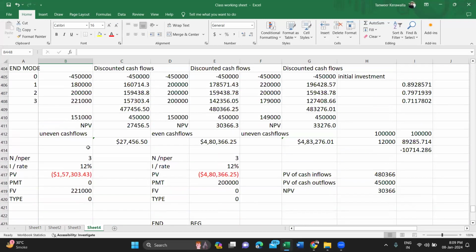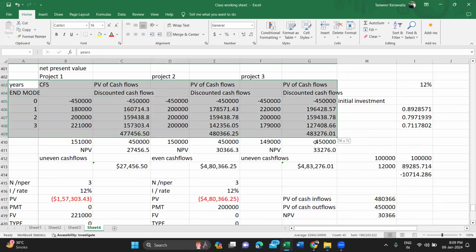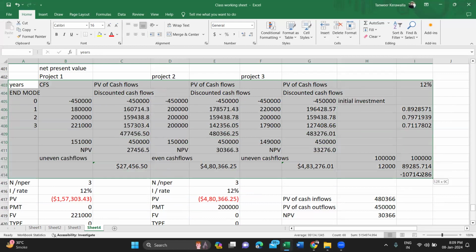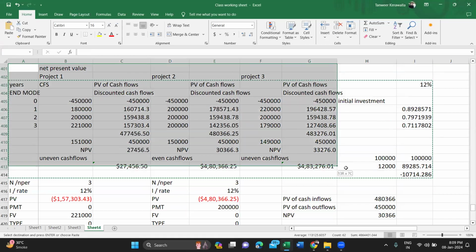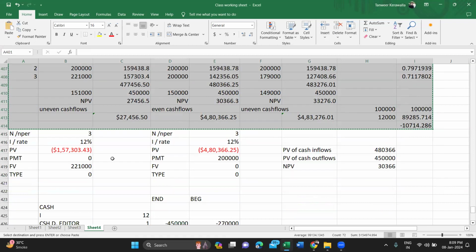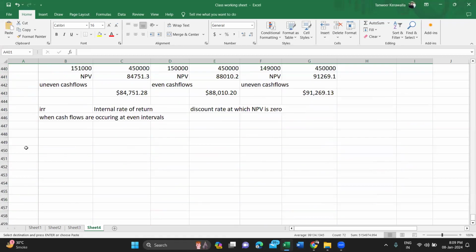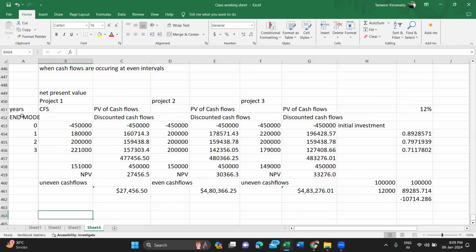So end mode was here, right? So I'll just copy this entire thing again, just to illustrate to you. So if I want to compute IRR in end mode, right?